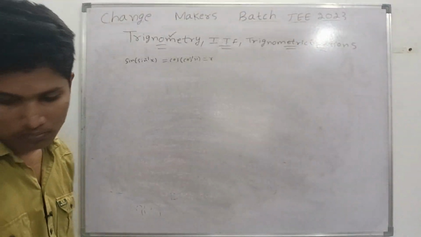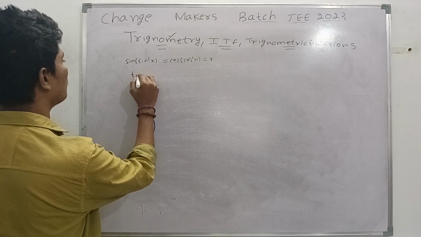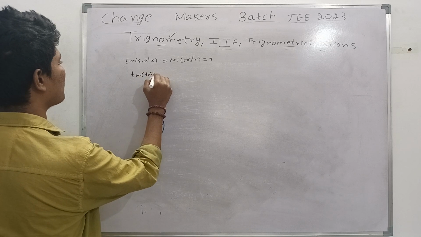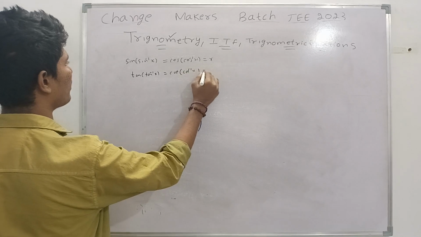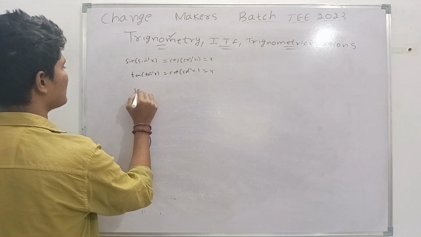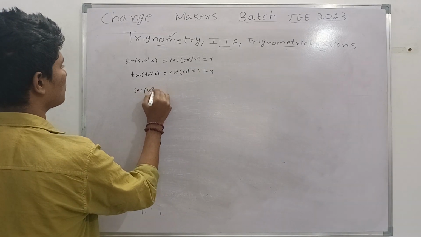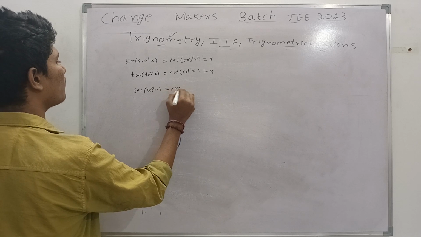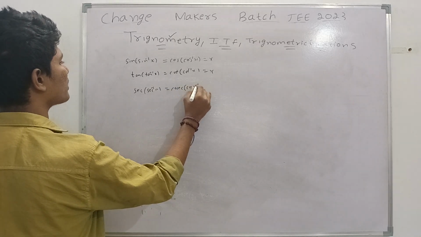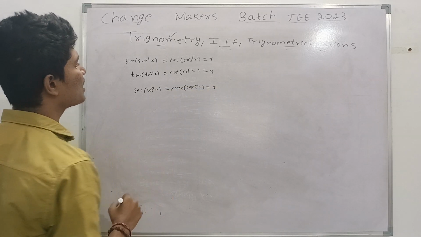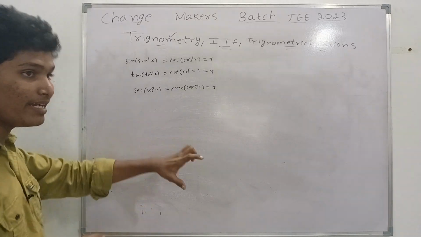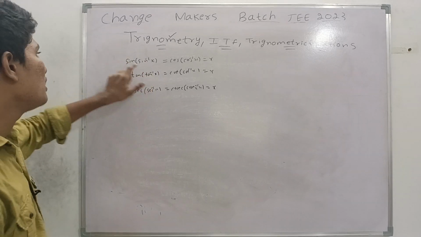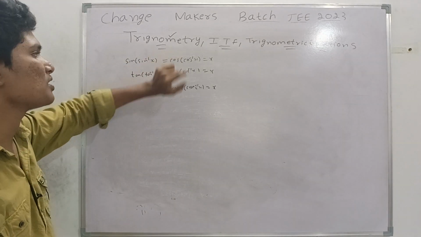And also tan of tan inverse x equal to cot of cot inverse x equal to x. You can write like this. And next, secant of secant inverse x equal to cosecant of cosecant inverse x equal to x. So basically you have to write like this, when there is a mixture of trigonometry and inverse trigonometry, that is, sine of sine inverse x and cos of cos inverse x.